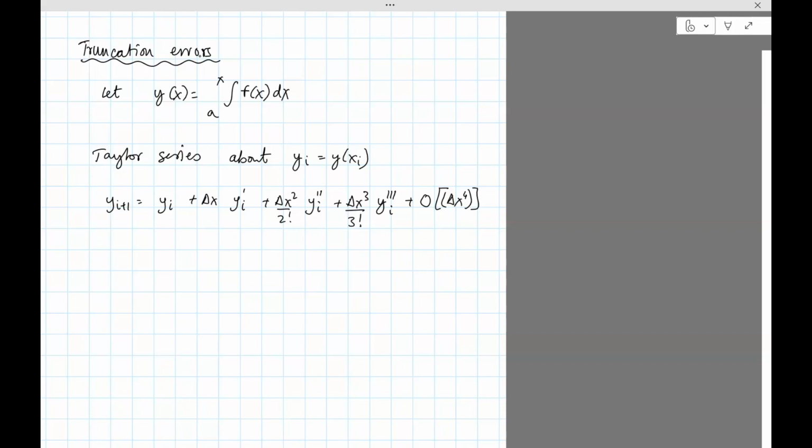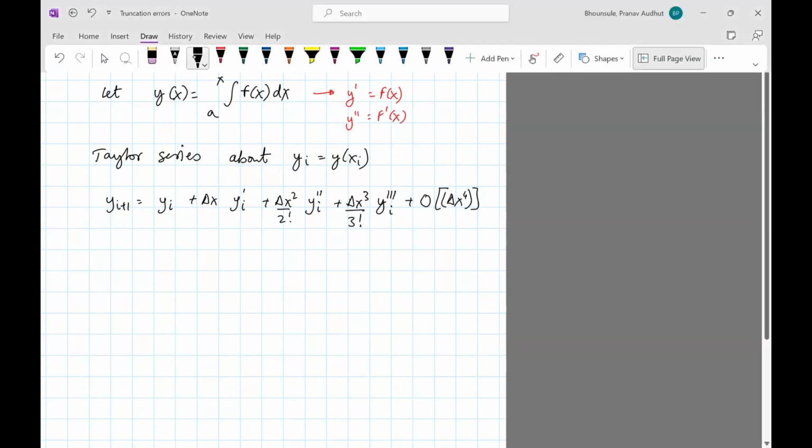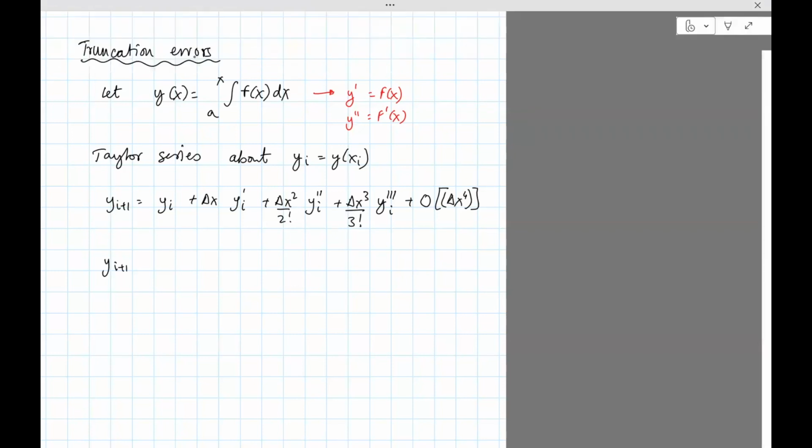Now, from this expression, we know that y is the integral of f of x, which means that y prime, the derivative of this, is going to be f of x, and y double prime is f prime of x, and so on. It's just the derivative of the integral. So we can write yi plus 1 is yi plus delta x times fi, and so on.